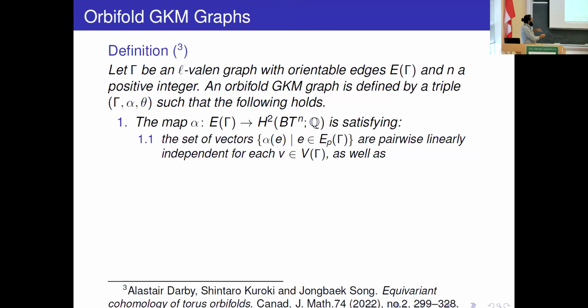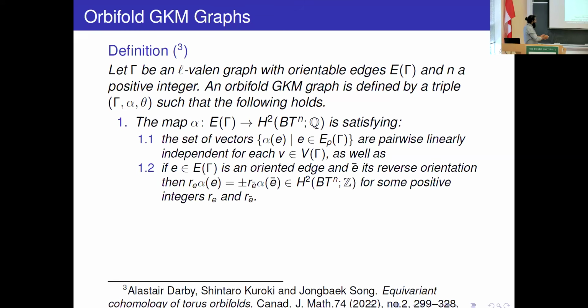If we take E_P, where P is a vertex and edges are coming from the vertex, this set of edges is denoted by E_P, and on each edge we have this map. So pairwise, they are linearly independent. That condition is there.